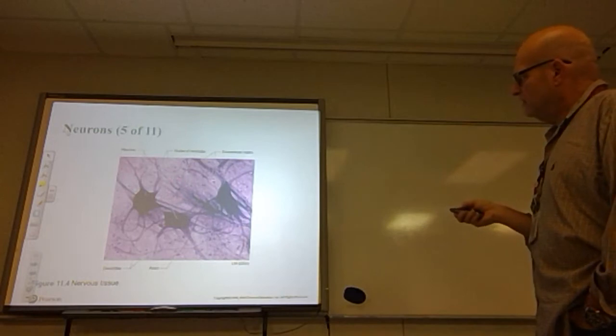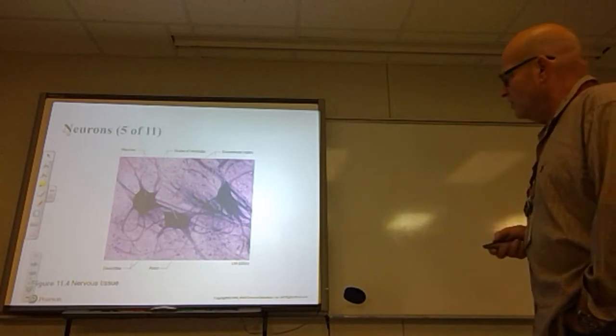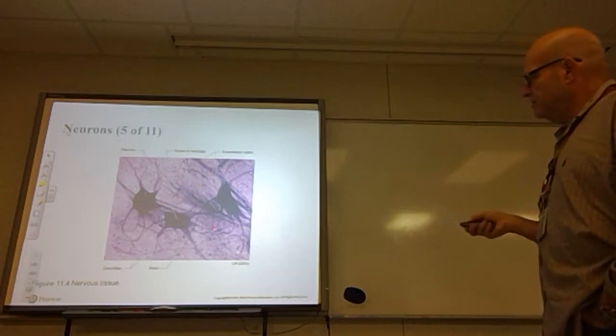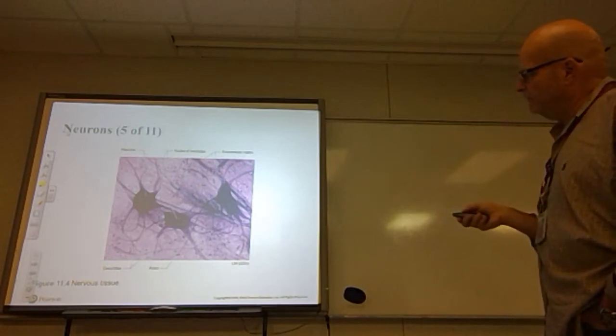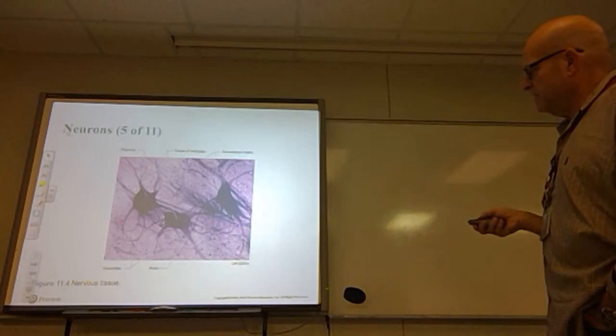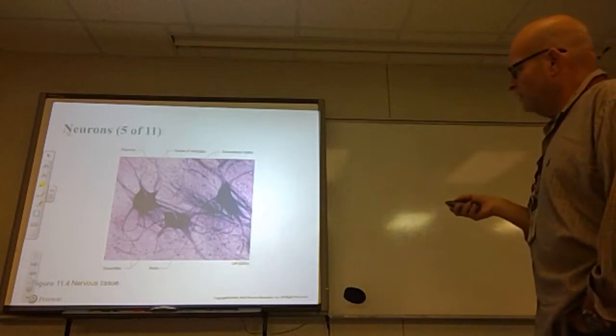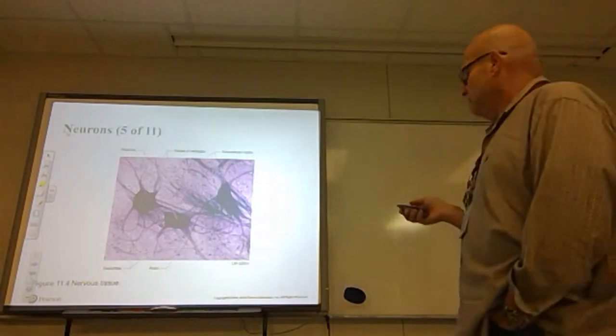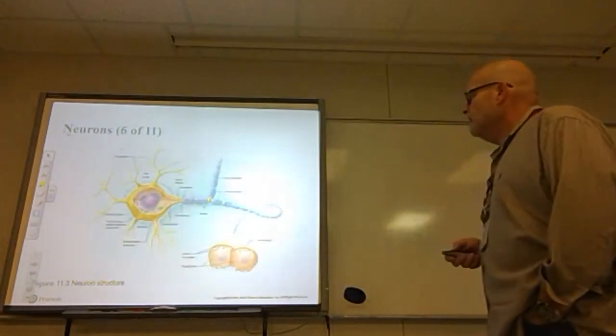The little dots are the neuroglial cells, which we'll talk about, glial cells, in a minute. This particular slide does not really differentiate between which of these components are axons and which are dendrites. And as far as the axon terminals, that doesn't show. You have to use much higher magnification to get that type of distinction.